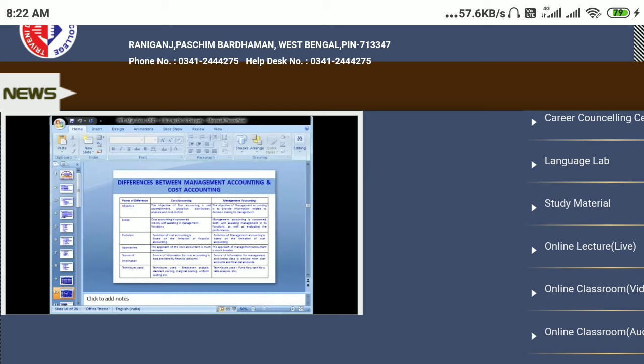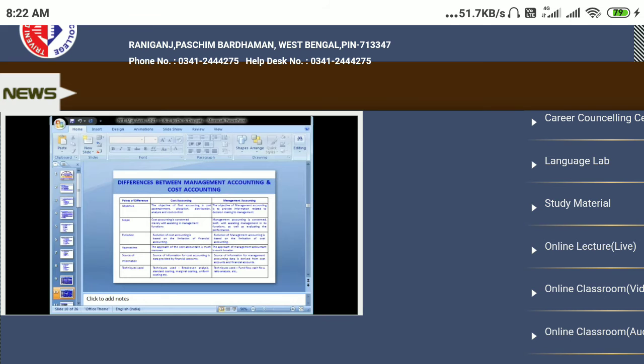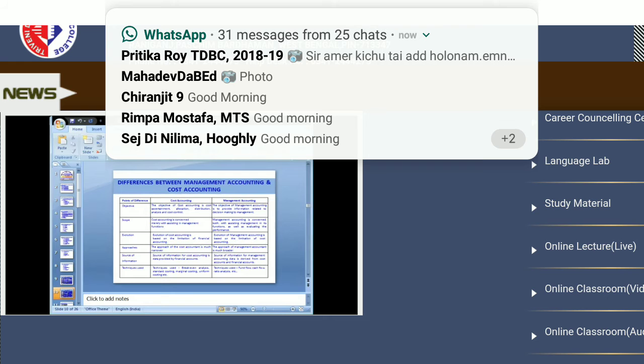Techniques used in cost accounting are variable costing, break-even analysis, standard costing, managerial costing, uniform costing, etc. Whereas management accounting, in addition to the tools and techniques used in cost accounting, also makes use of other techniques like cash flow, ratio analysis, etc., which are not within the scope of cost accounting.